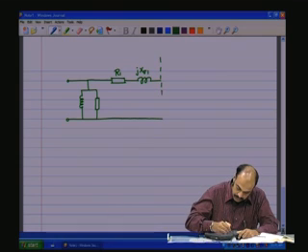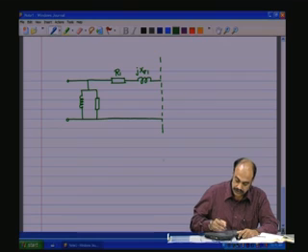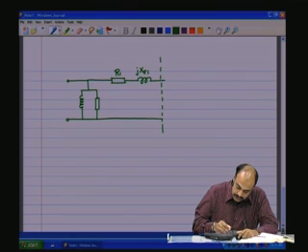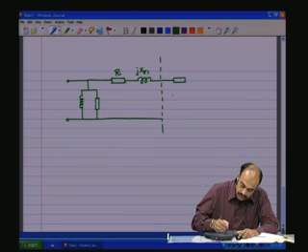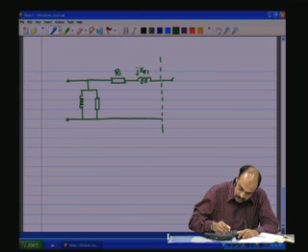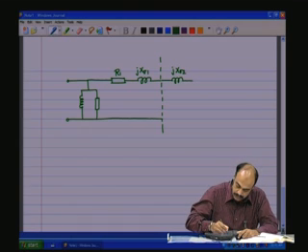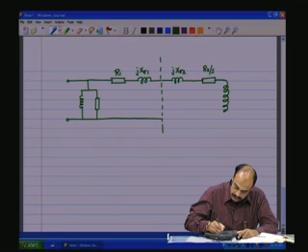Now here let us put Z2, which is jX sigma 2 plus R2 by S, and then you have the ideal transformer.